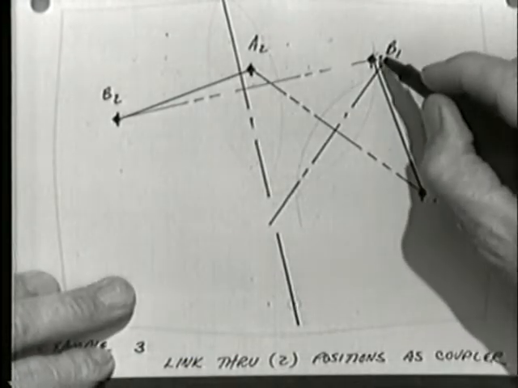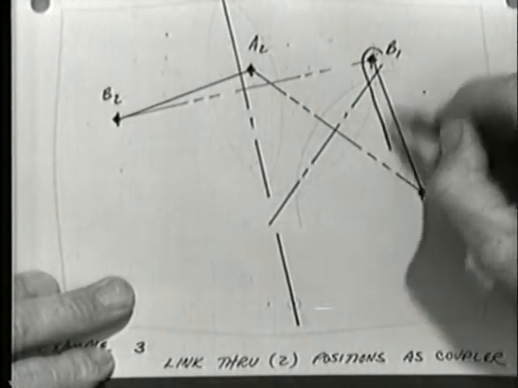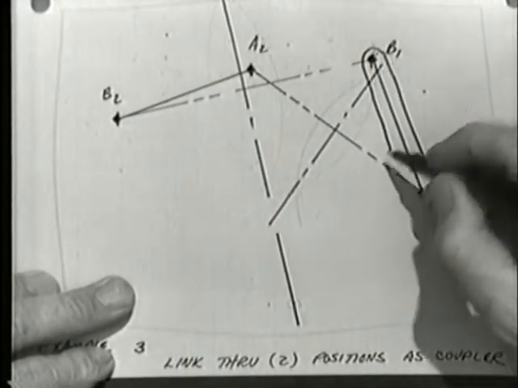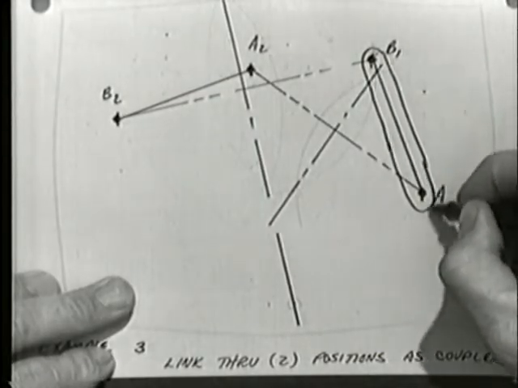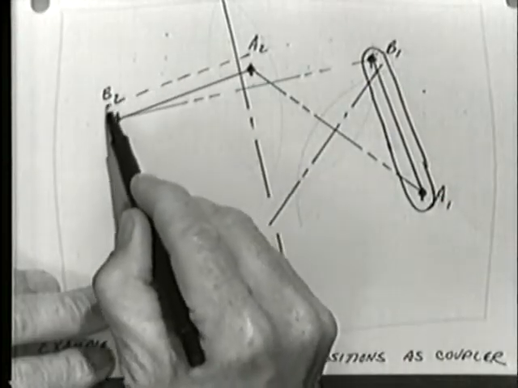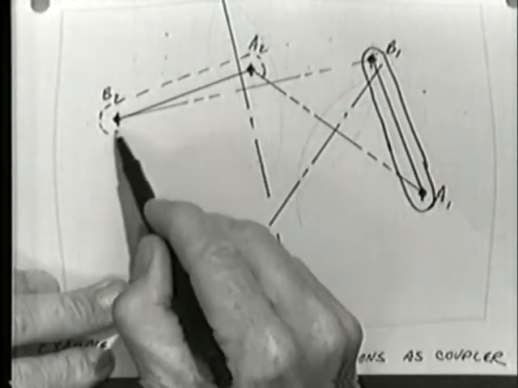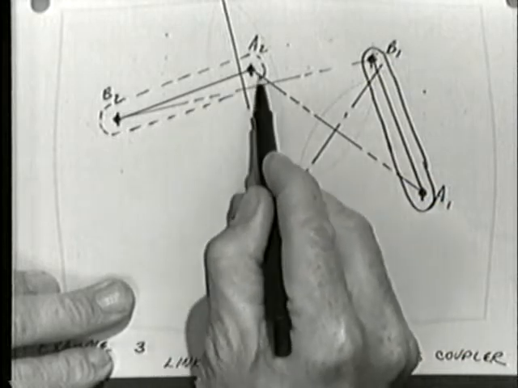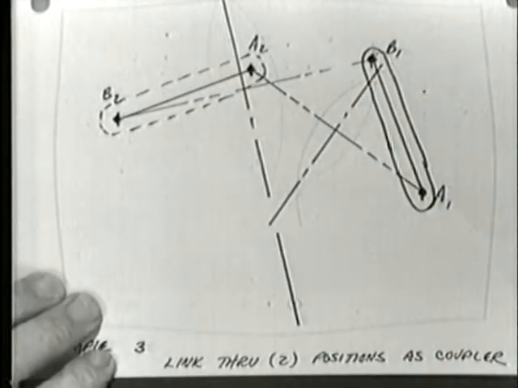I think at this point it would be useful to put a little meat around these links so we can recognize them amid all the other lines that are beginning to appear on this thing. I'll show that one dotted because that's the other position of the link.